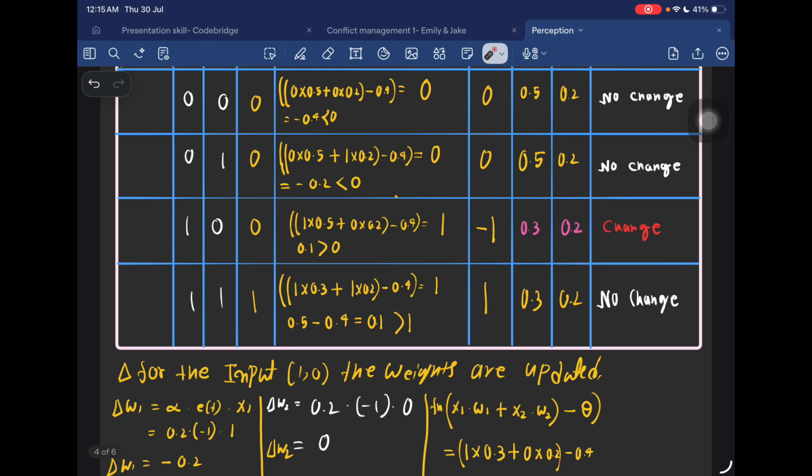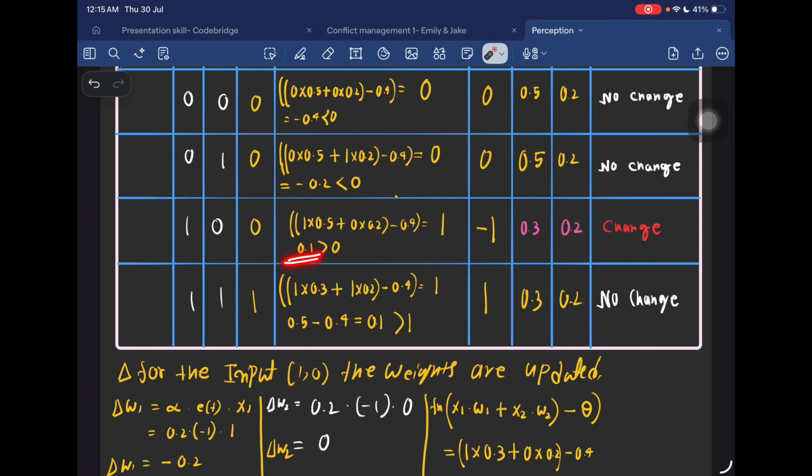Same for our next two features, which are 1 and 0. 1 into 0.5, the first weight, plus 0 into 0.2, the second weight, minus 0.4, which is our bias.